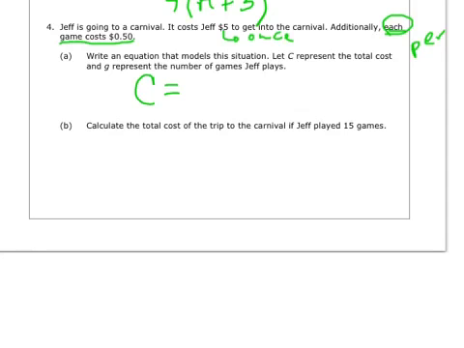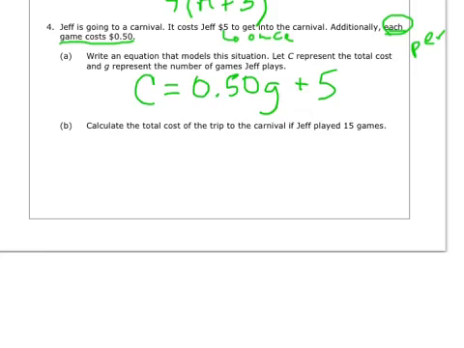So that 50 cents is completely dependent upon how many games we play, and that's why it's multiplied by G. And then since we only pay the $5 once, we just add it on to the end, just like that. And that's our equation. We're done there. The cost is equal to that per game cost plus the one-time cost.